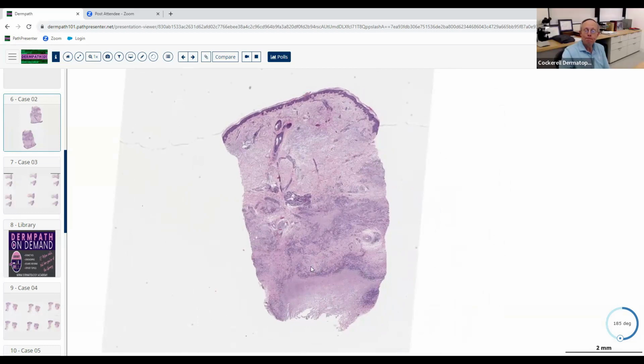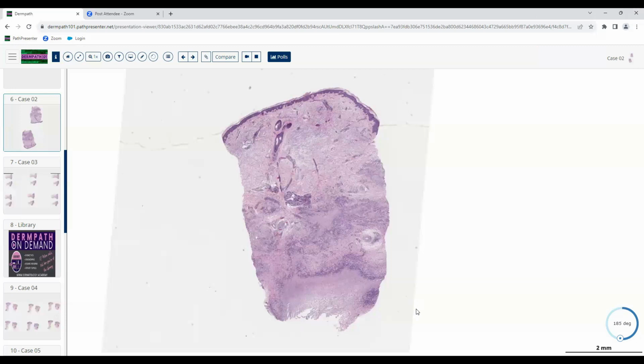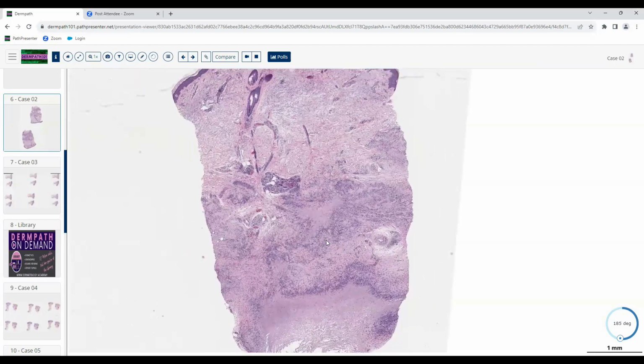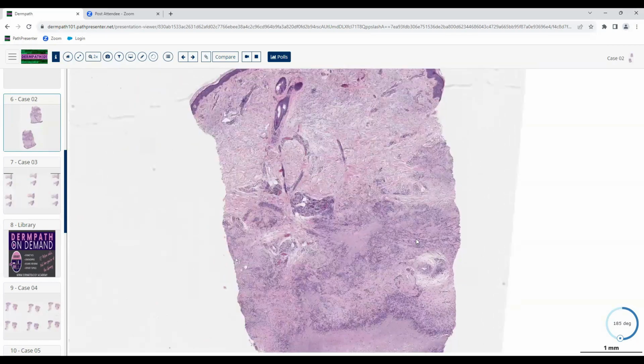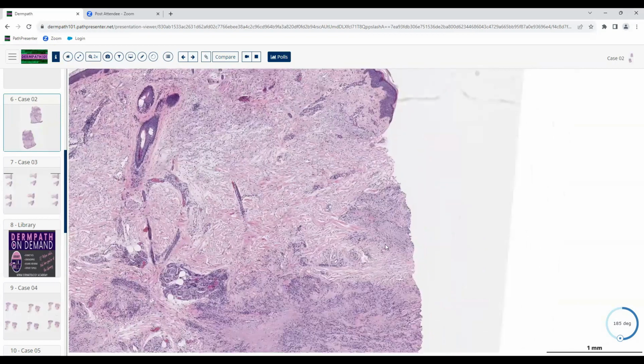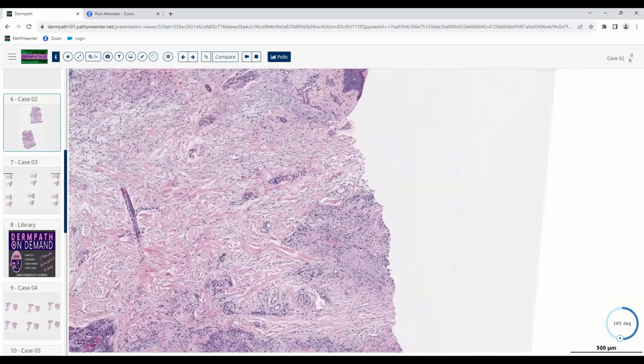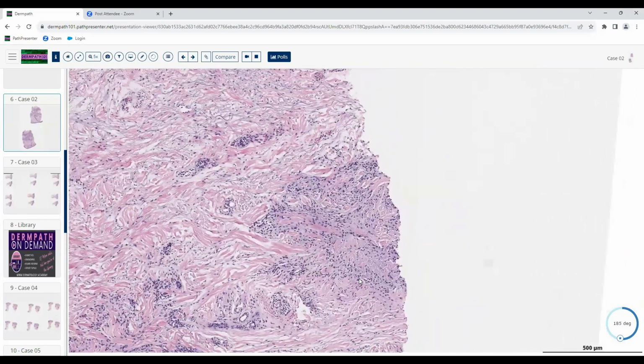If you zoom in more, I noticed there were these pale epithelioid cells. They look like histiocytes that were surrounding. They almost look like they were palisading around this mucinous area.